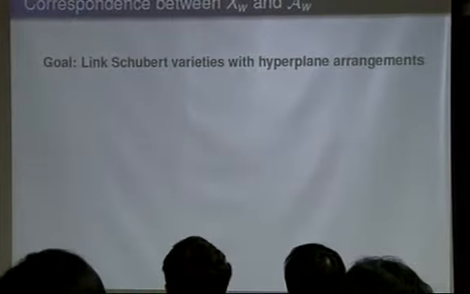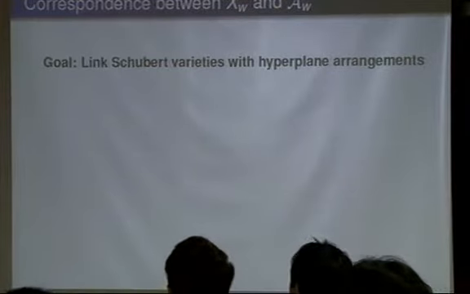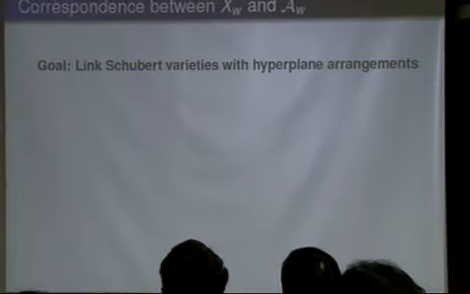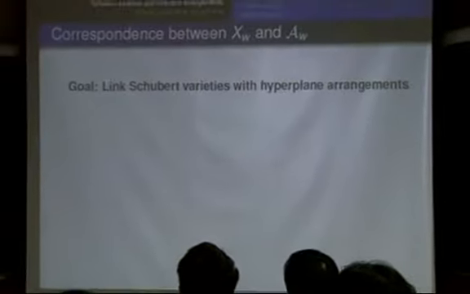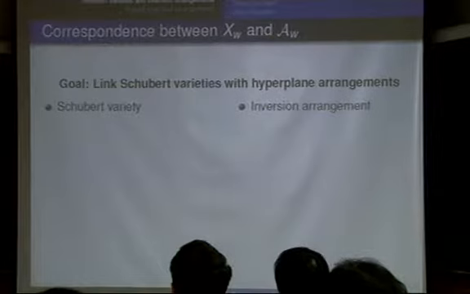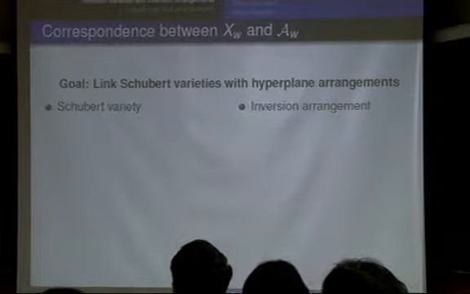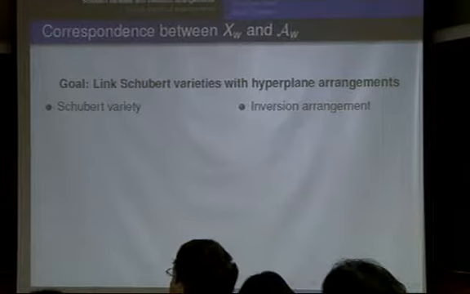The goal of this problem is to link Schubert varieties with hyperplane arrangement. I will explain what Schubert varieties and which hyperplane arrangement we are interested in a little bit later. So we are going to link these Schubert varieties on the left-hand side with something called inversion arrangement on the right-hand side.